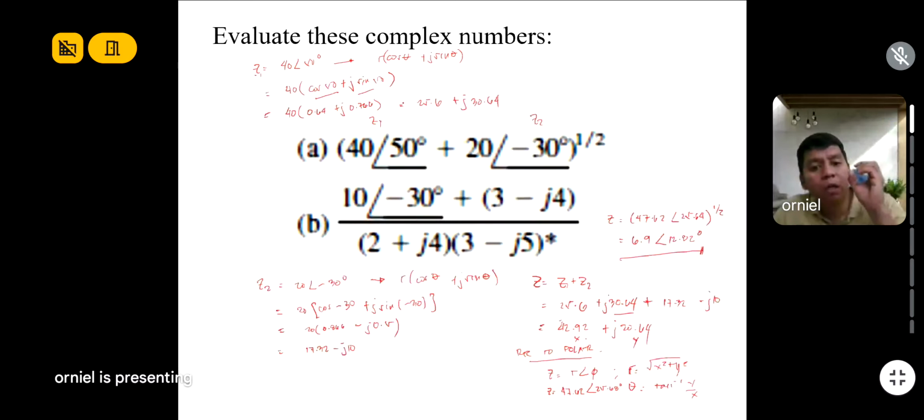I think that is how all the steps go. If we add, multiply, subtract, and so on, we use rectangular form. If it is in polar form, convert it to rectangular, then once done, convert back to polar, and so on. So this is the answer.